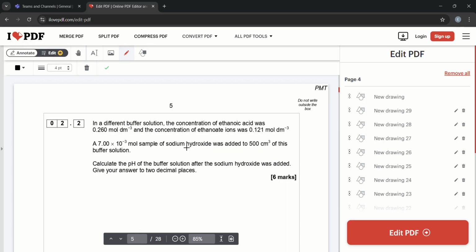So what is the first step? What we're trying to find is the pH of the buffer solution after the sodium hydroxide was added.